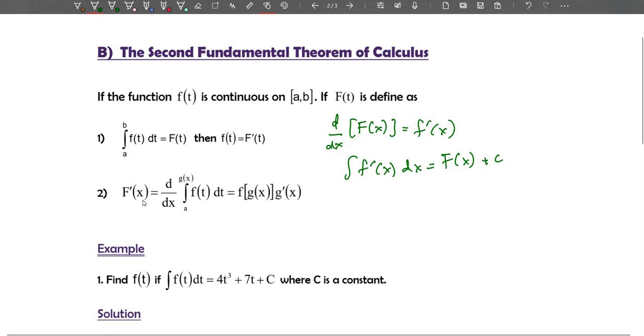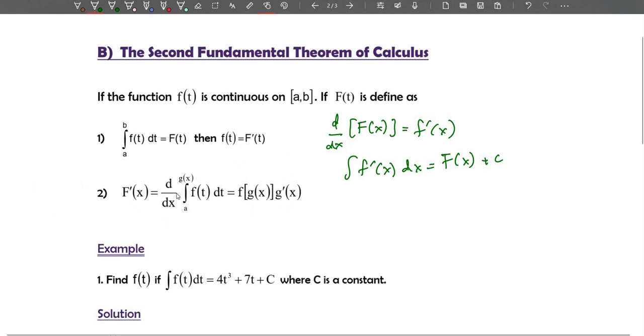Then the second one comes in terms where F prime x is equal to d/dx of the integral from a to g(x) of f(t) with respect to t. That is the same as f(g(x)) times g prime x. This would be the F prime x.